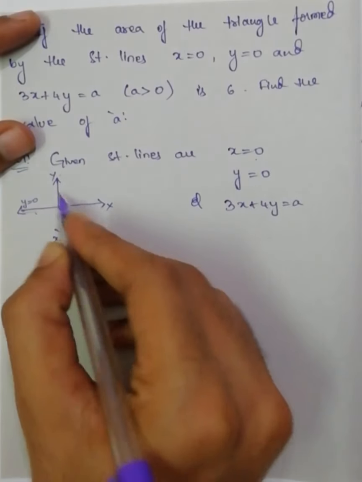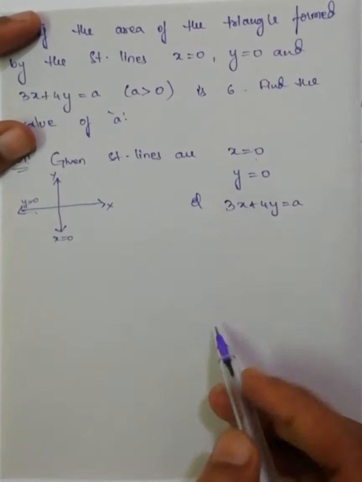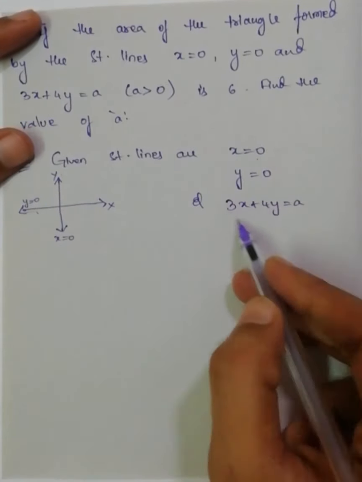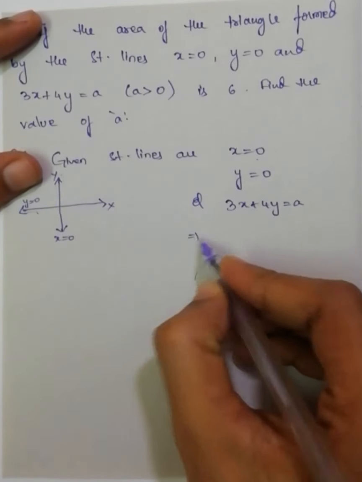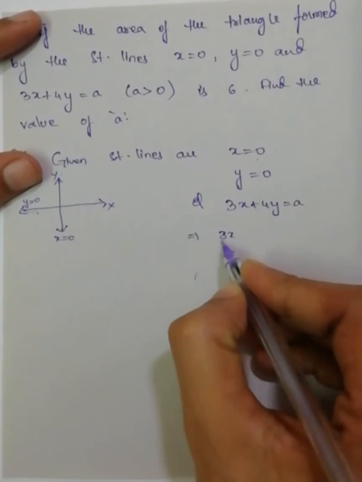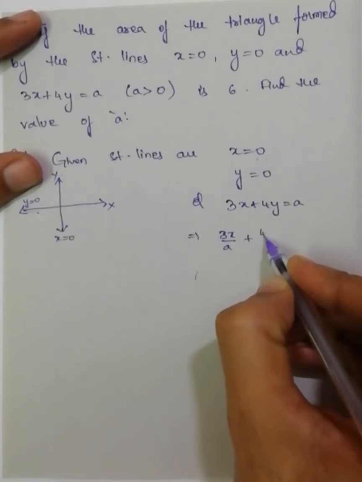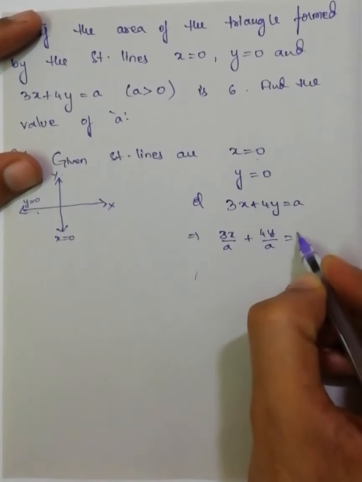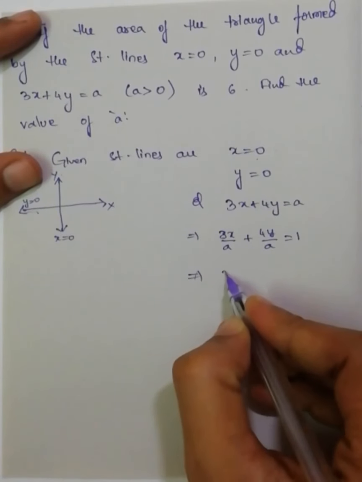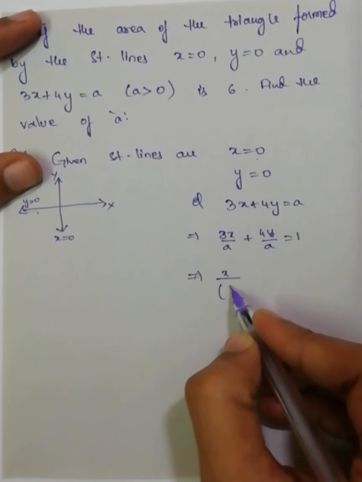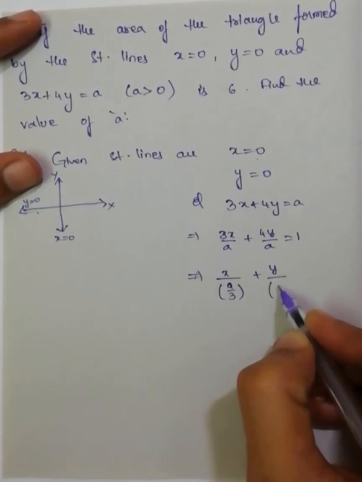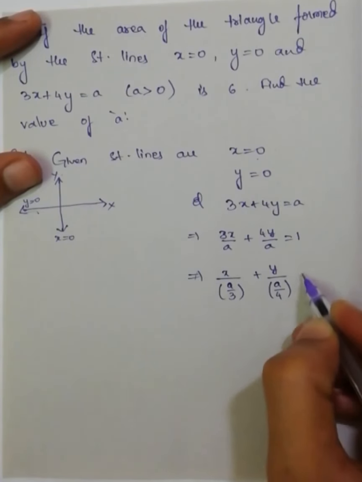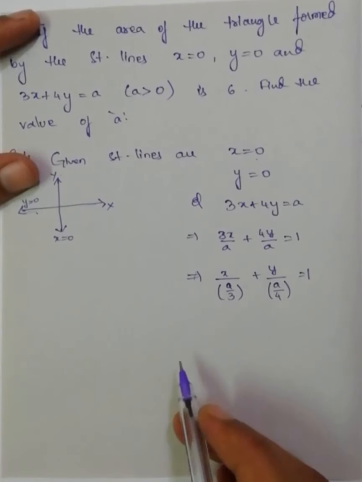This is the line y is equal to 0, this is the line x is equal to 0. Now I am going to change this one into intercept form. This implies can be written as 3x by a plus 4y by a is equal to 1. This implies x by a by 3 plus y by a by 4 is equal to 1.